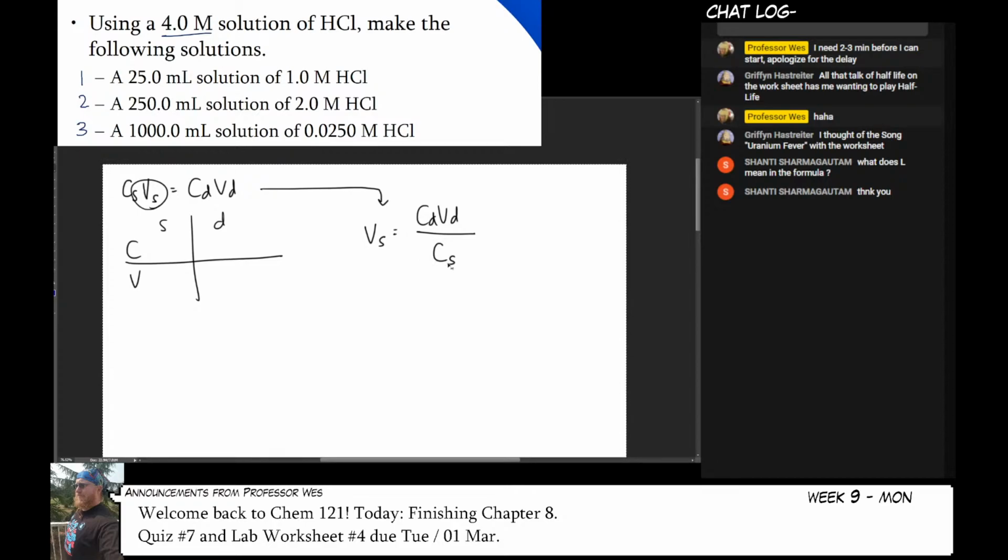All right, so for the first problem, every time I'm using 4 molar HCl, so I'm going to just put this here. And then I want to make 1 molar HCl, and I want 25 milliliters of it.